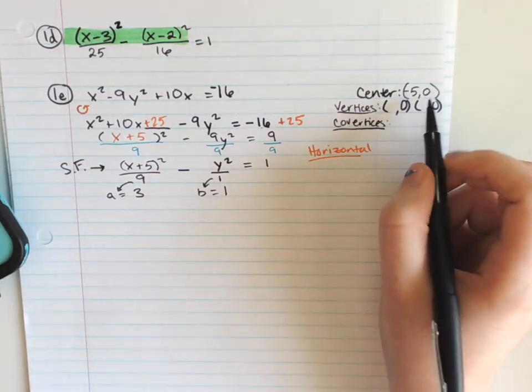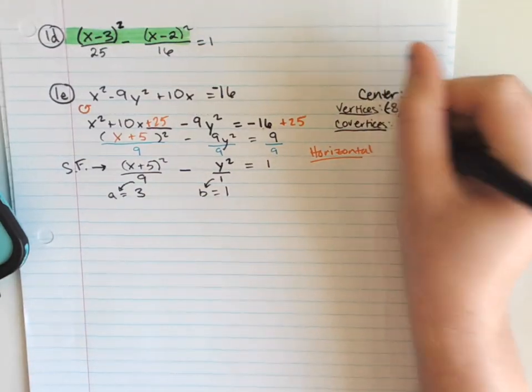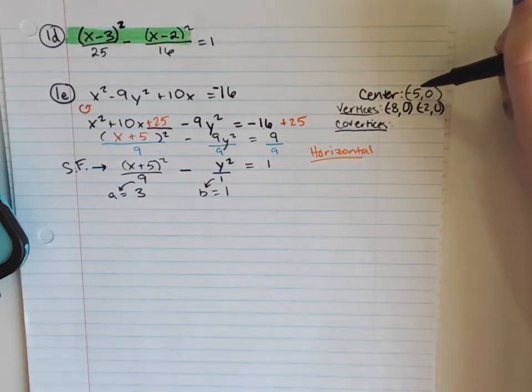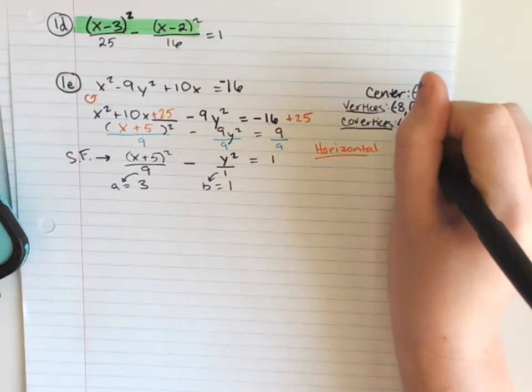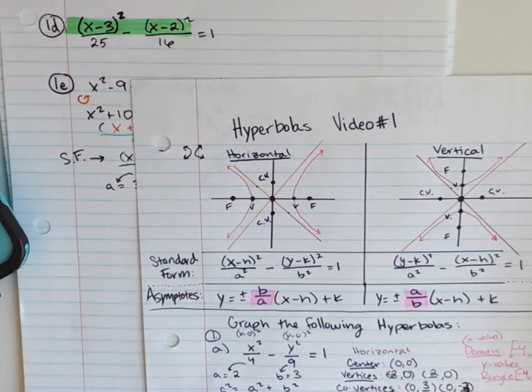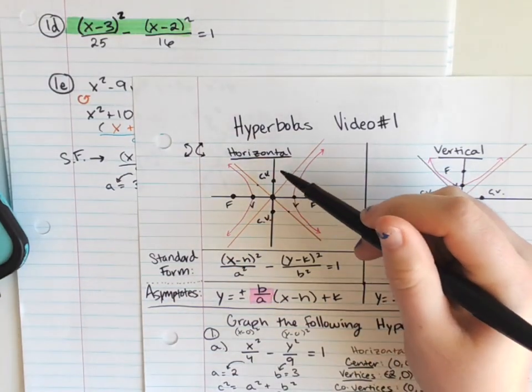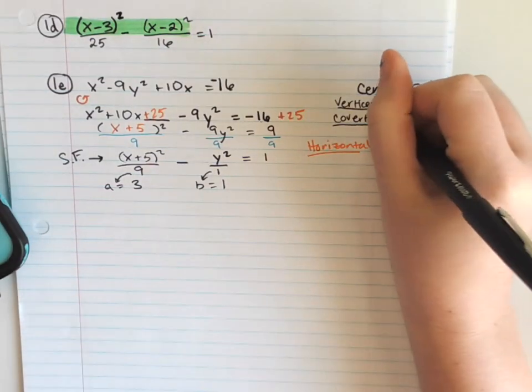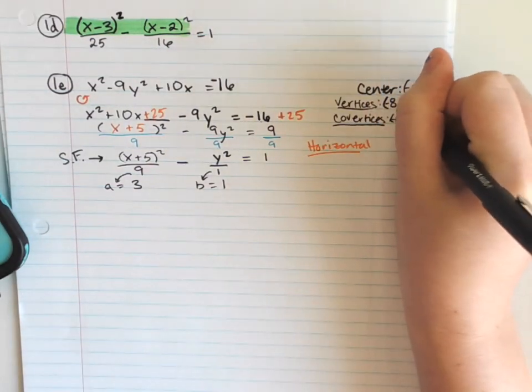So if I take away 3, I'm at negative 8. If I add 3, I'm at negative 2. I'm changing the negative 5, both left and right. My co-vertices are moving up and down on the horizontal. So we are going to change the y value, but we're going to keep the negative 5.